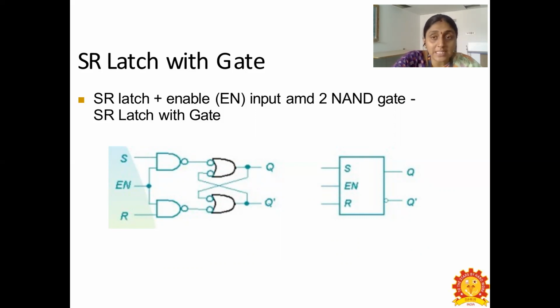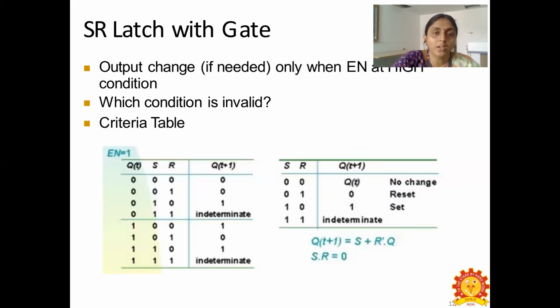Apart from S and R, we have the enable input here and two outputs Q and Q dash. So this is the SR latch with gate. The output changes here only when the enable condition is set, or reset based on it. Which condition is said to be invalid? Let us see the state table now.